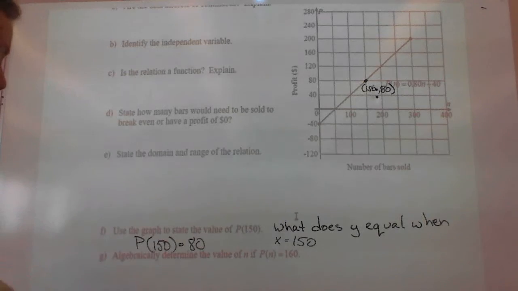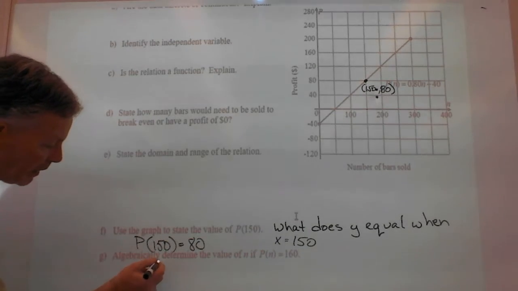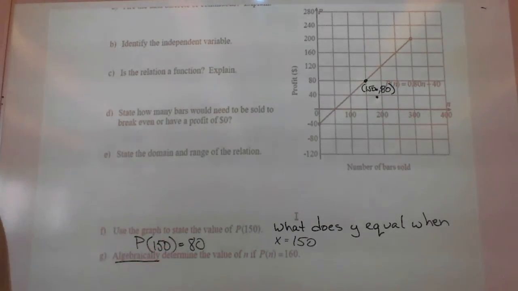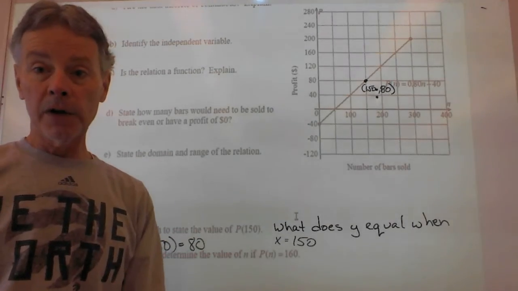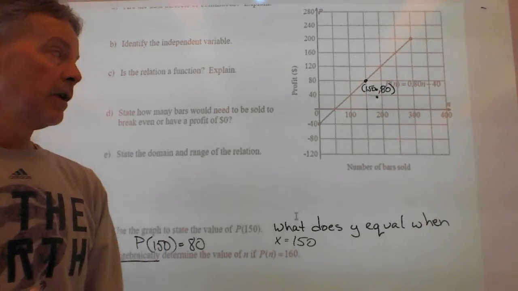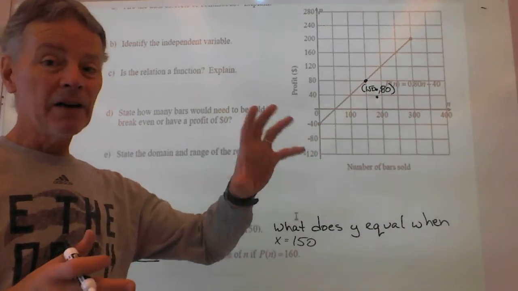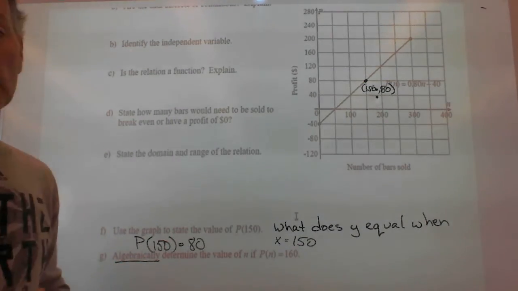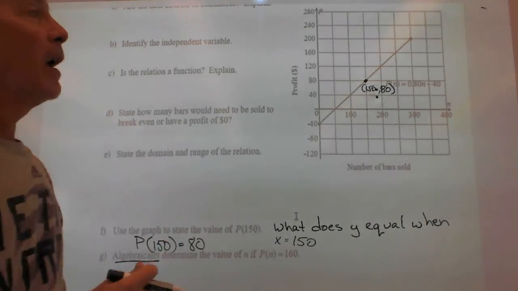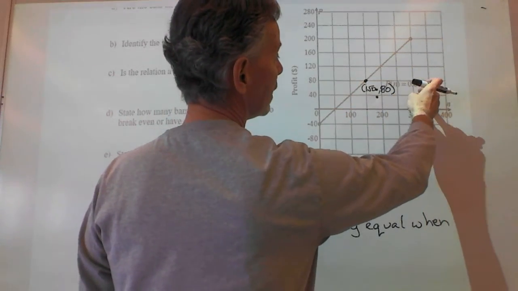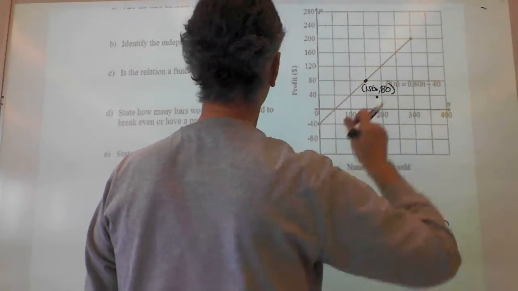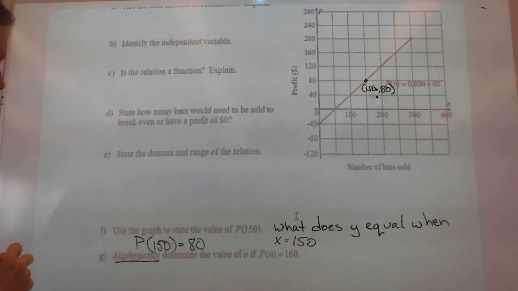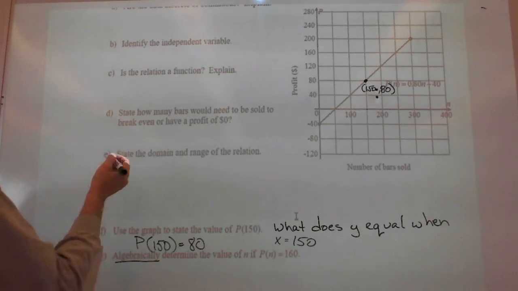Okay? Now G is asking you to do something a little different. First of all, it's saying algebraically determine. That means you got to use the formula. You can't just go to the graph. You can go to the graph to just check to see if you're kind of right, but you've got to use the formula. And the formula is p at n equals 0.8n minus 40. So we'll just write it right here.